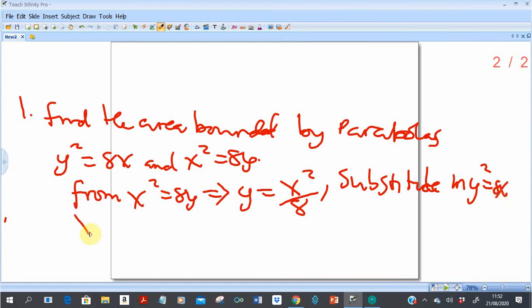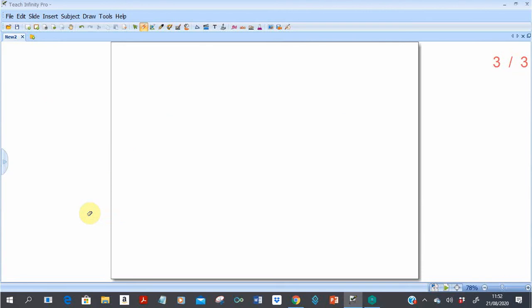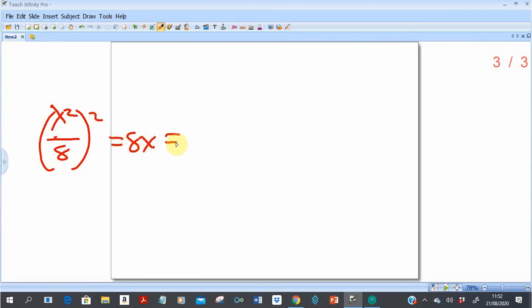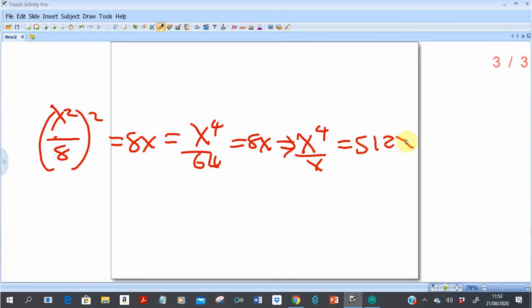We know our y is x squared over 8, so we have x squared over 8, squared, is equal to 8x. So this just means x to the 4 over 64 is equal to 8x.